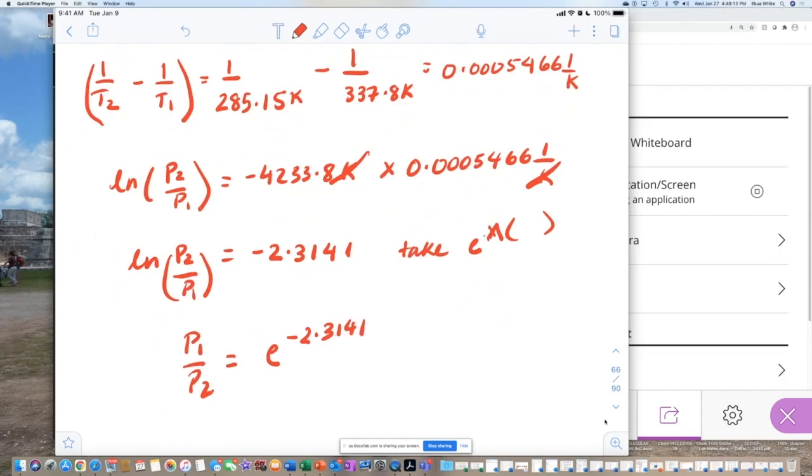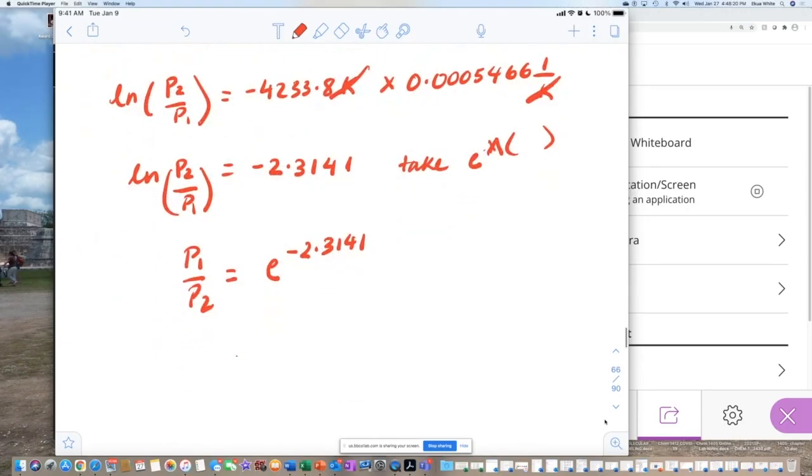So when I select that on my calculator, I get 0.09884. Oh, I switched these around, didn't I? Oh, man. P2 over P1. So P2 over P1 is equal to this.